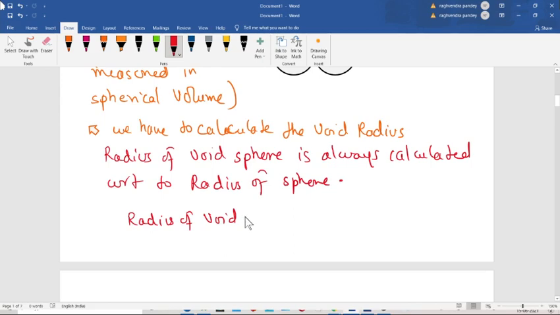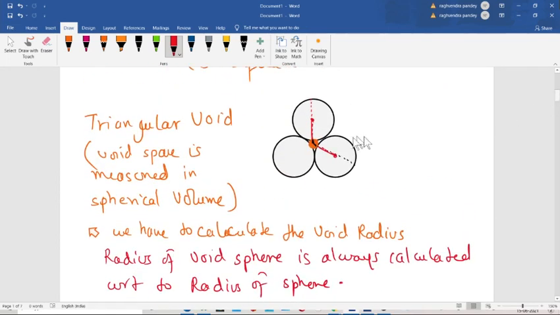Radius of void is equal to x into radius of sphere, where x is some constant, and x is always less than 1.